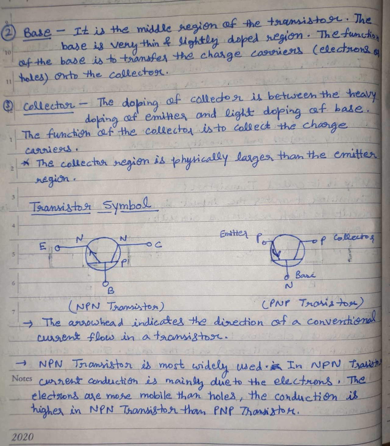The electrons are more mobile than holes, so the conduction is higher in NPN transistor than PNP transistor. We use NPN transistor because in this transistor conduction current is mainly due to the electrons and the mobility of electrons is higher in comparison to holes.